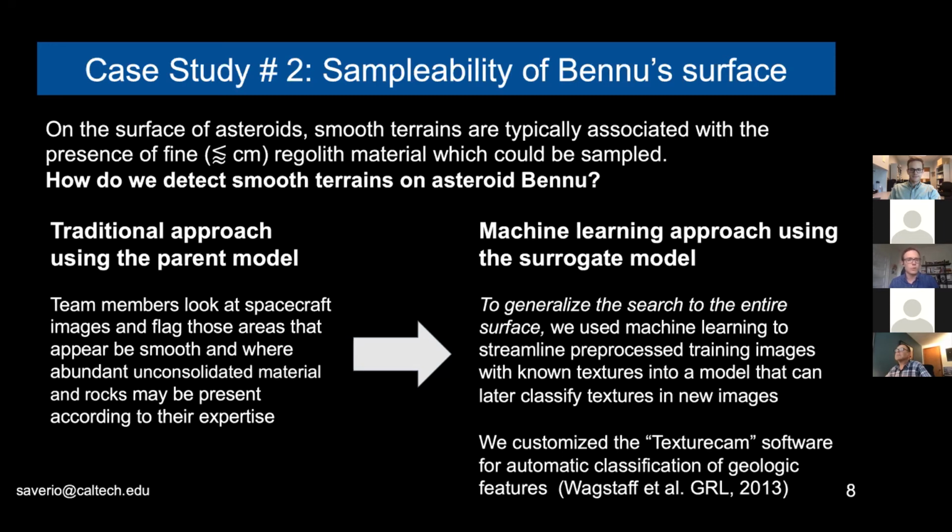And then what we wanted to do is to take some of these images that were labeled by the team members and train a machine to associate the textures that were present in these asteroid images for Bennu to the presence or the absence of smooth terrains. Once this algorithm was trained to do so, we deployed it to the entire surface as an alternative approach to look for potentially sampleable areas.